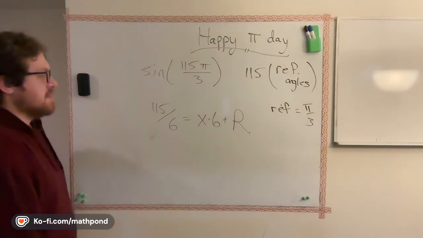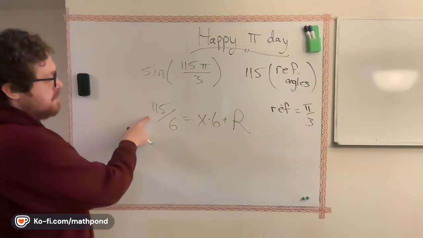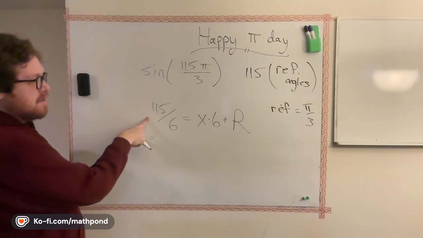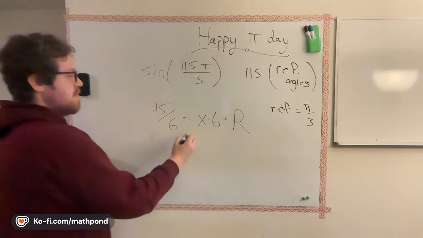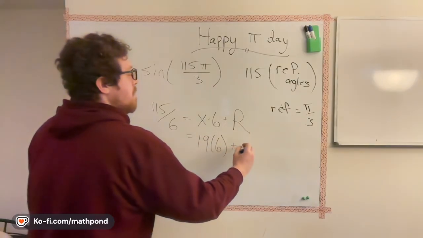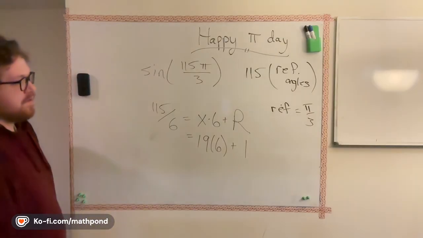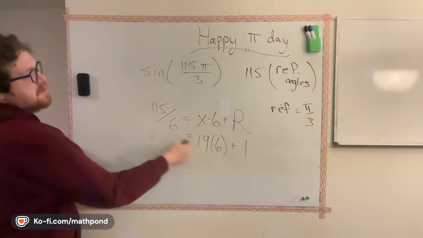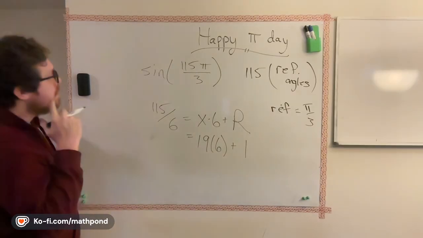In this case it's almost 120, so 20, so 19 with a remainder of 1. So this is 19 times 6 with 1 remainder, since 20 times 6 is 120, and 19 times 6 is 114.